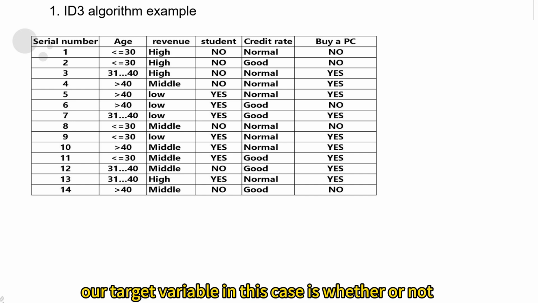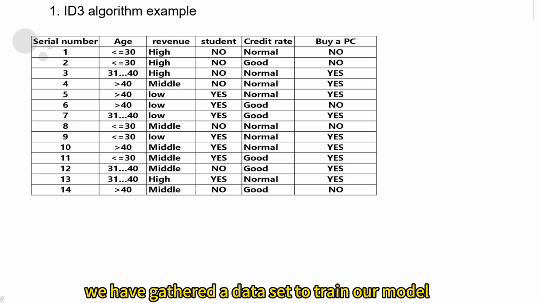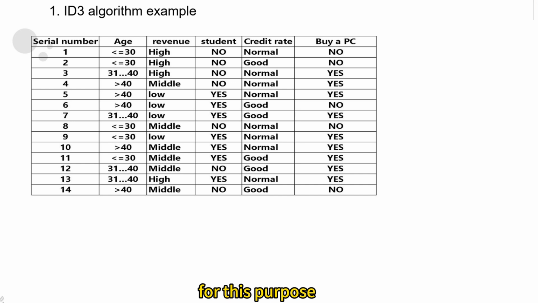Our target variable in this case is whether or not the consumer buys a computer, which has 2 possible outcomes. We have gathered a dataset to train our model for this purpose.